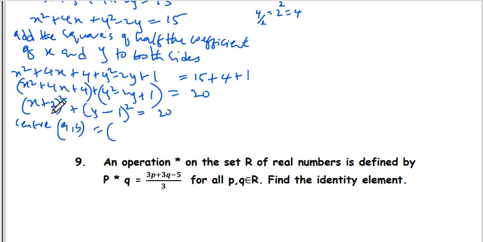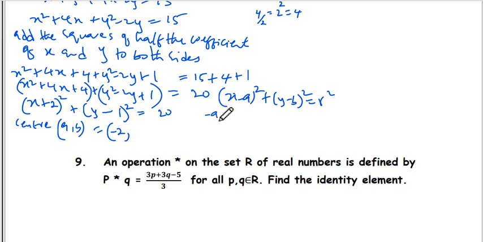Okay, let me write the equation of a circle: x minus a squared plus y minus b squared equal to r squared. Here, minus a is our center, which is what? Look at it now.